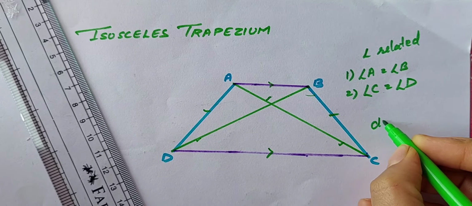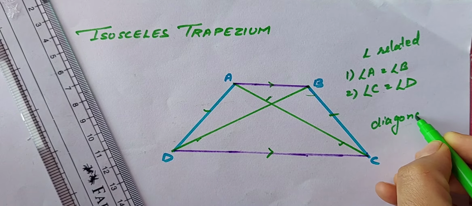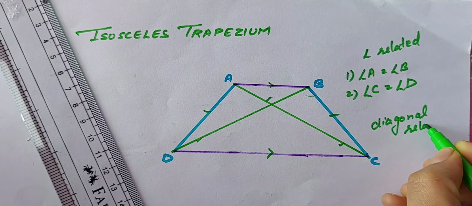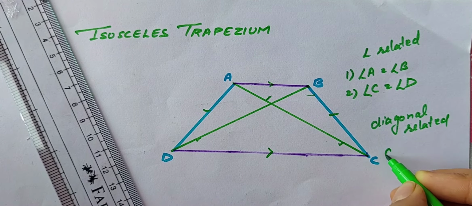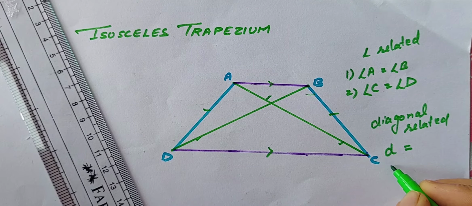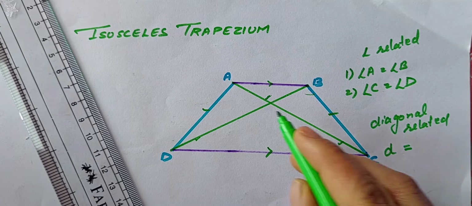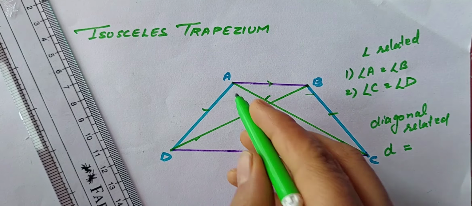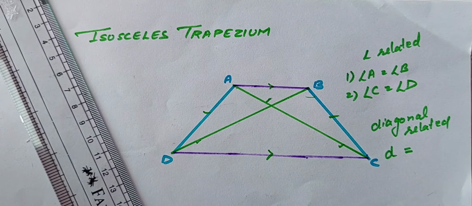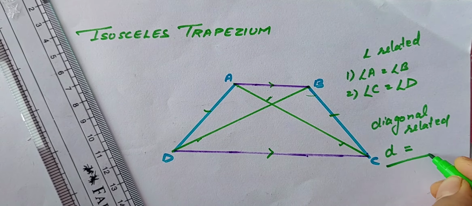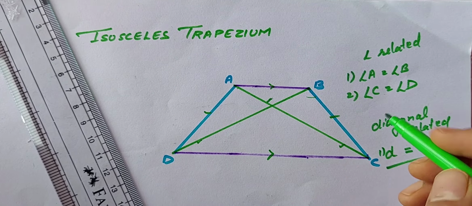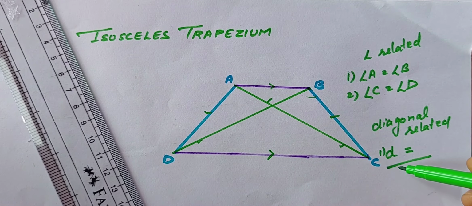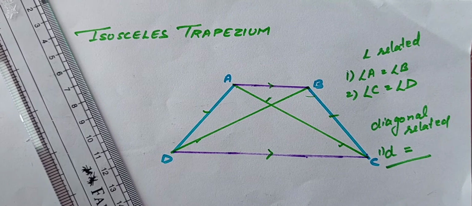And diagonal related, we have diagonals equal; diagonals do not bisect each other, do not meet at 90 degrees, and do not bisect the vertex angle. So just the diagonals equal is the one property. So in total there are 3 properties. We'll try to prove them.